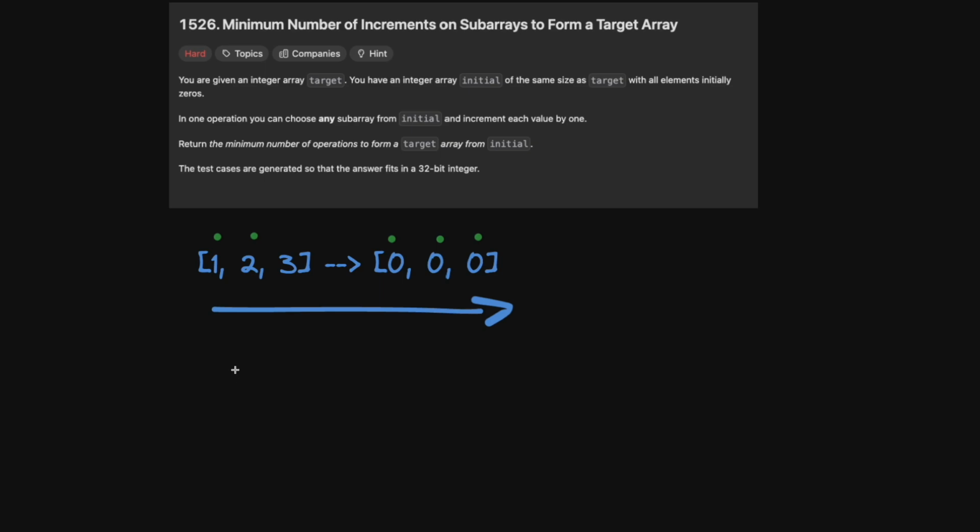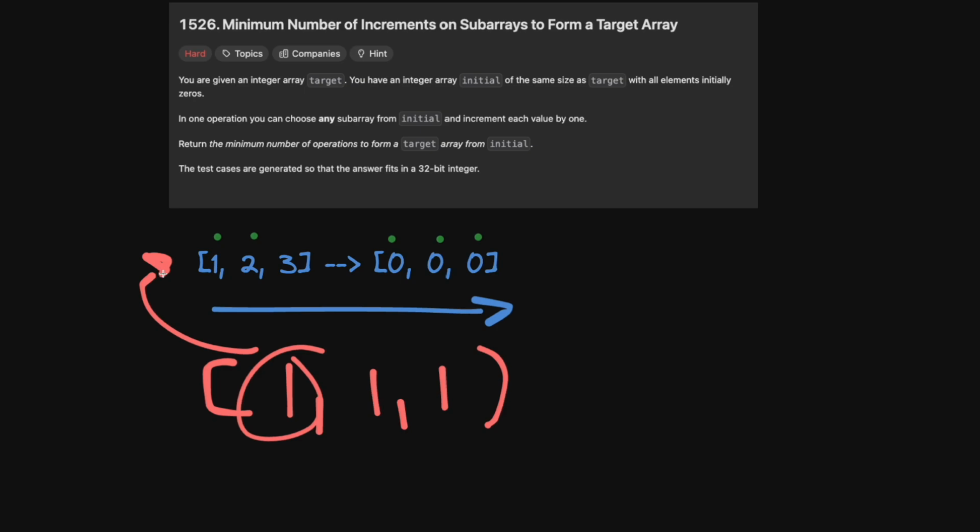So for example, when we had the subarray 1, 1, 1, we can no longer consider this element to be incremented. So we need to be careful not to accidentally add too much here. Once an element is considered to be done, then we don't want to be incrementing it any more because we can get it over what we want in target, and we can only increment our array. We can't then decrement parts of it.